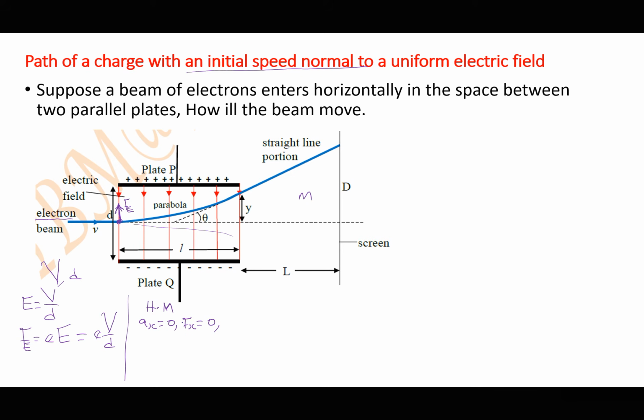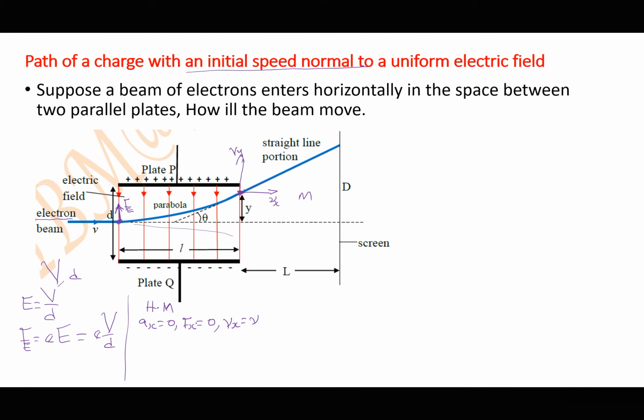There is no force acting in the horizontal. And if that is true, the final velocity when it emerges, say, at this point here, has a velocity in the horizontal and a velocity in the vertical. The resultant velocity is along this line. Let's say this is Vx, and this is Vy. So when it emerges, Vx is the same as the initial velocity V because there was no acceleration in the horizontal.